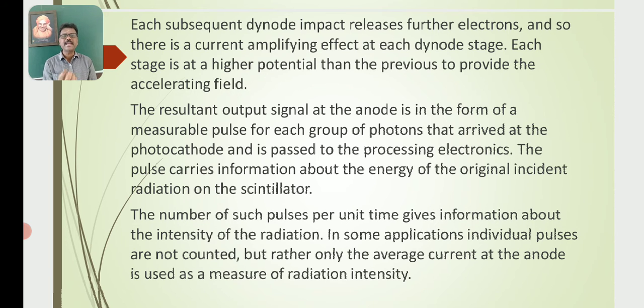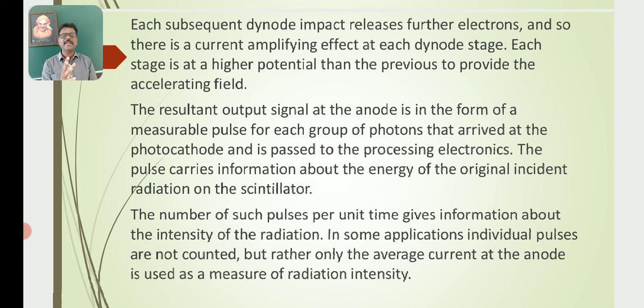The pulse carries information about the energy of the original incident radiation on the scintillator. The number of such pulses per unit time gives information about the intensity of the radiation incident on the scintillator.